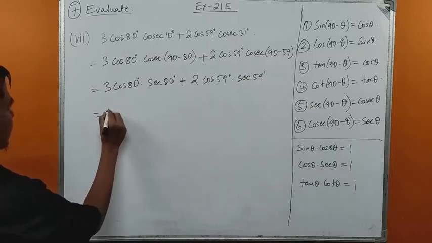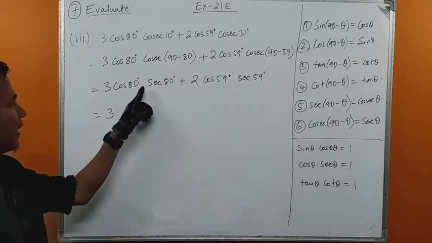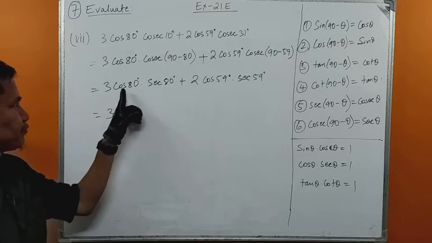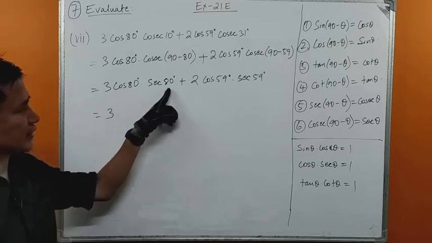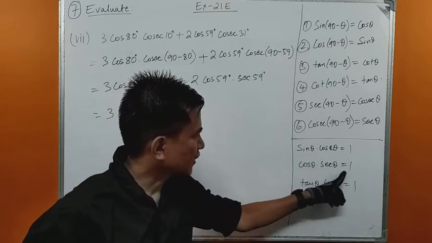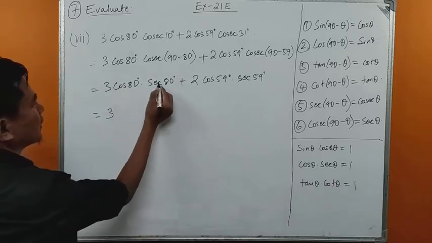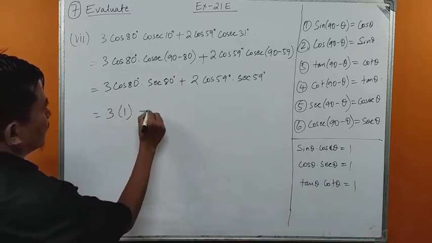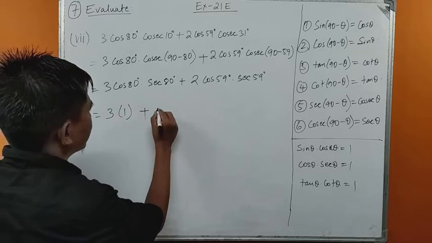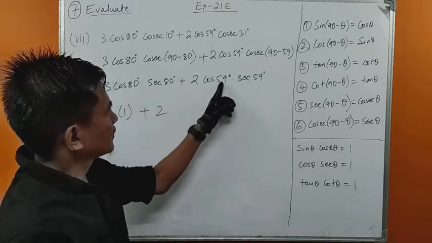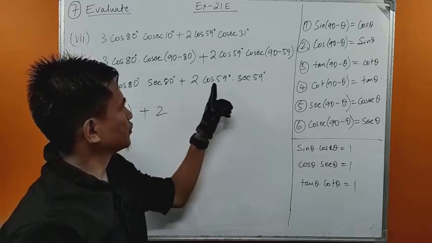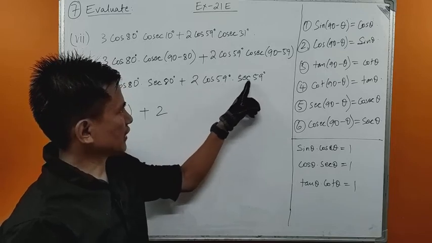Now here we have 3. See, the angles are same, 80 and 80. So cos theta into sec theta is 1. We write the 2 here as it is. See, the angles are same, 59, 59. So cos theta into sec theta.